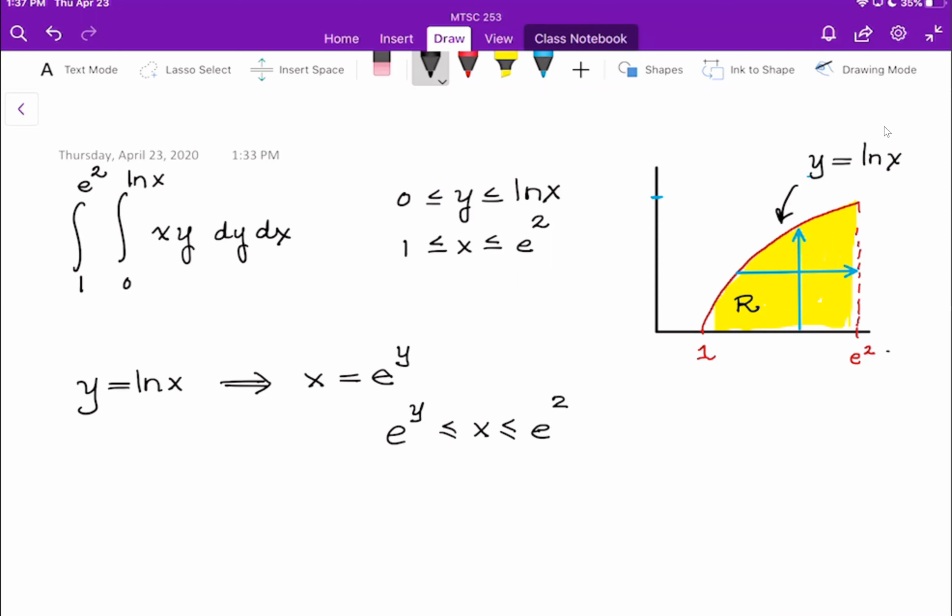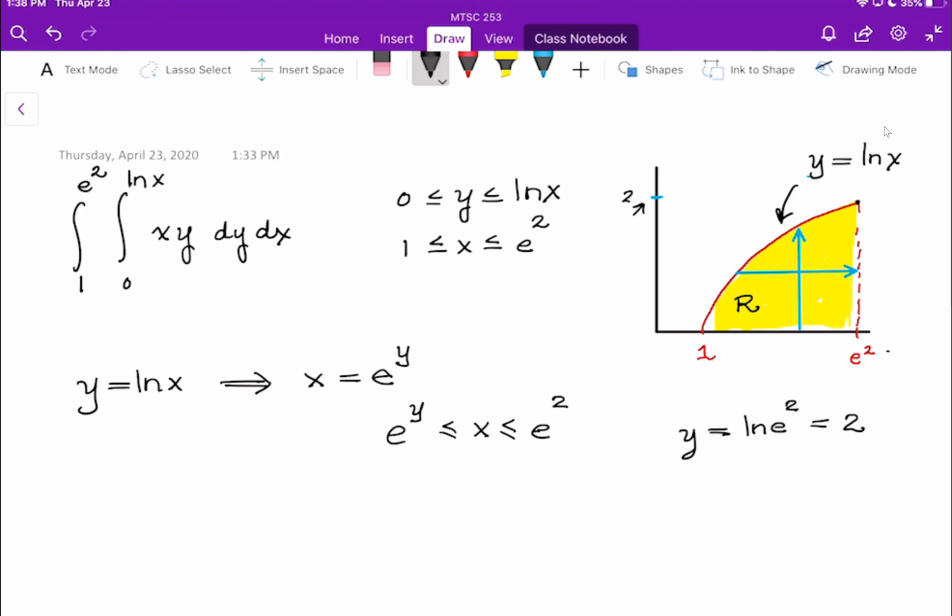Well, I have to figure out what this point is. If x is e squared, then this point right here would be y equals the log of e squared. So that's just 2. So now I know this is 2.